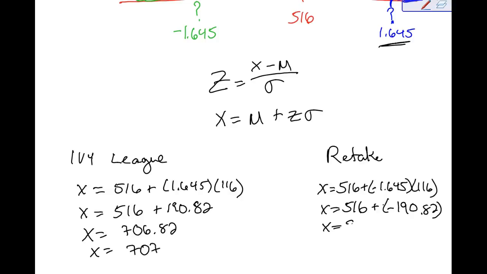This one is going to come out to 325.18, which will round to 325. So a student needs to make a 707 to get into an Ivy League school, and a student needs to make a 325 to avoid retaking the test.